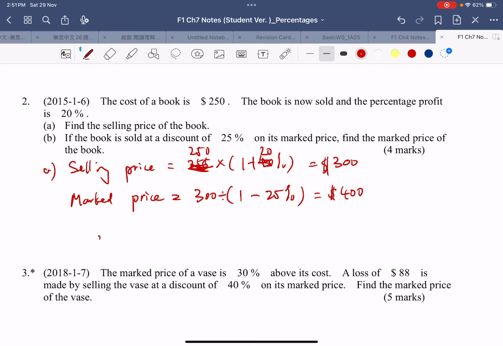You can let X and then solve the equation, but again you can find this answer.